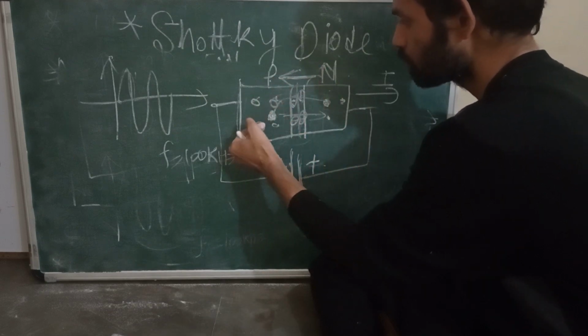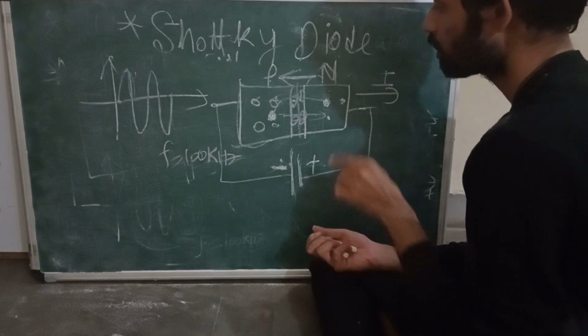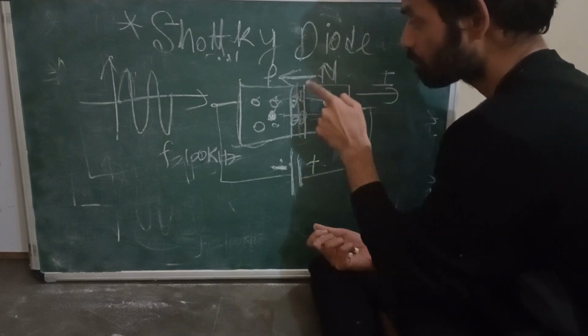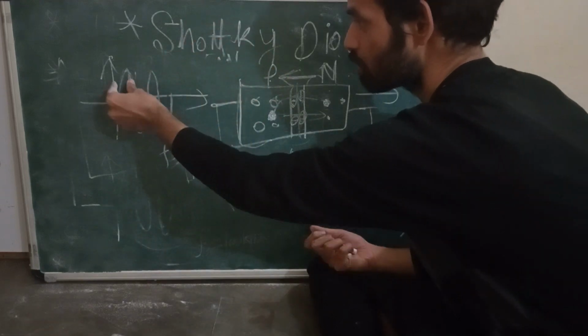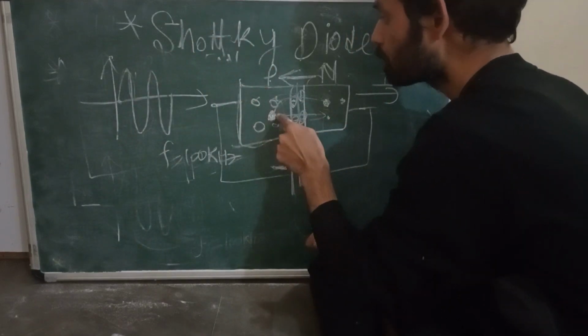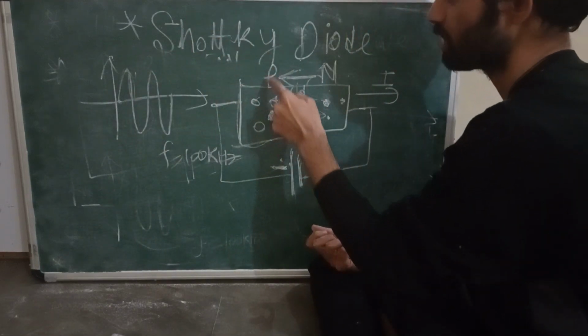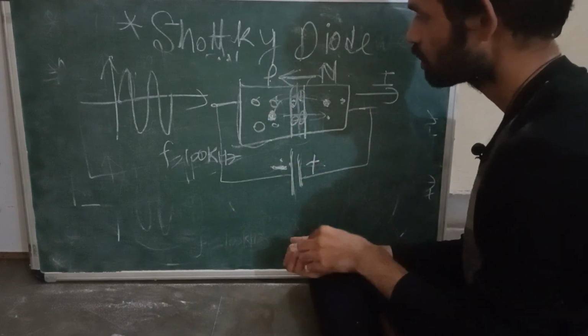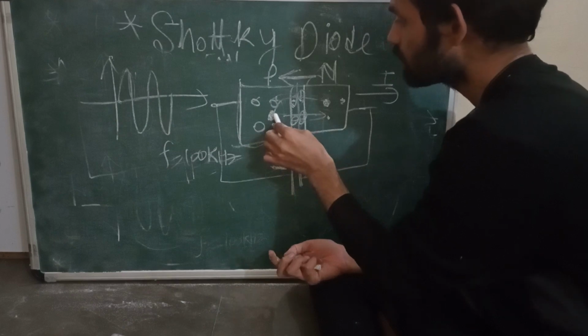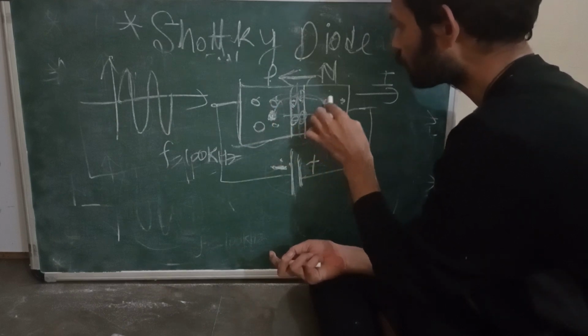This electric field supports the minority charge carrier. The electron that moved from the n side to the p side during the positive cycle becomes a minority charge carrier on the p side during the negative cycle. Therefore, during the negative cycle this electron will come back to the n side.